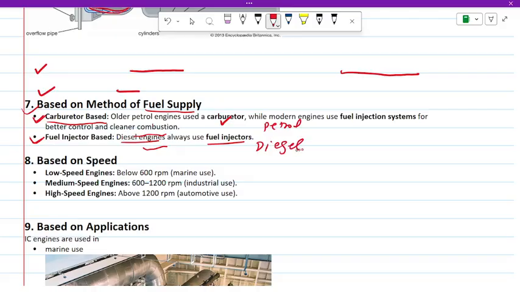Based on speed: high speed, low speed, medium speed. If the crank is rotating above 1200 rpm, then it is known as a high speed engine. Medium speed is 600 to 1200 rpm. One can ask, sir, if we change the gears, then the speed will be different. No, I'm talking about the speed of the crank.